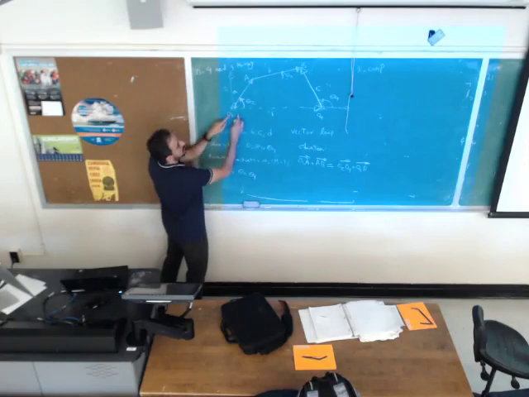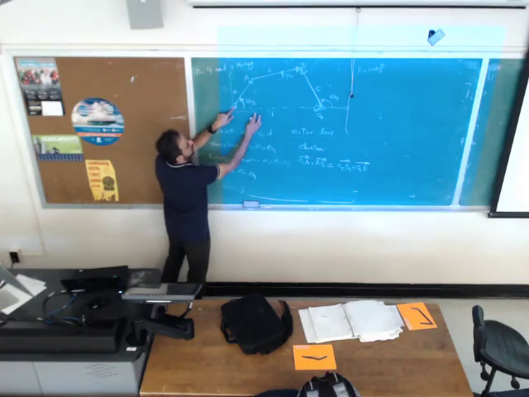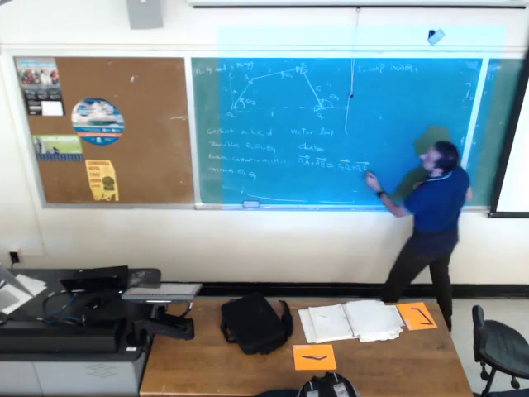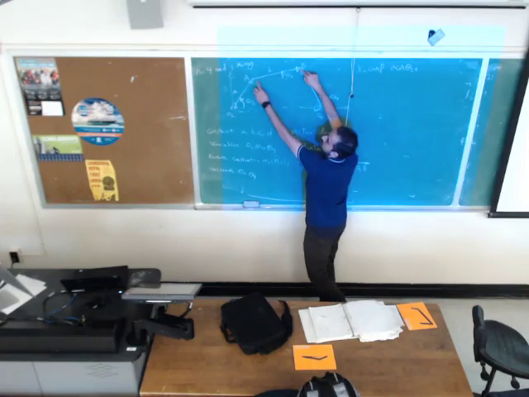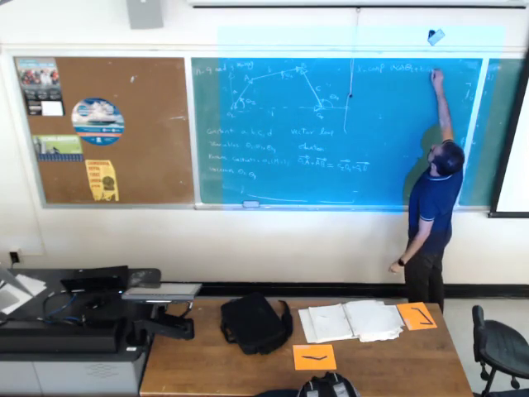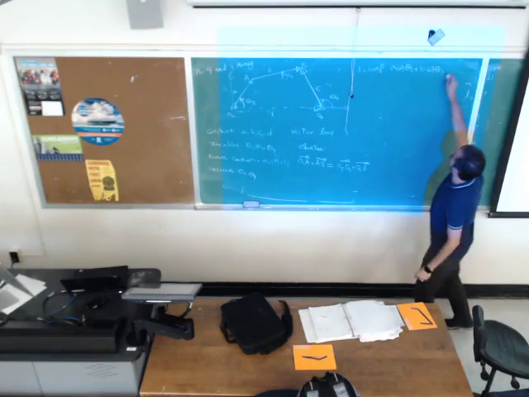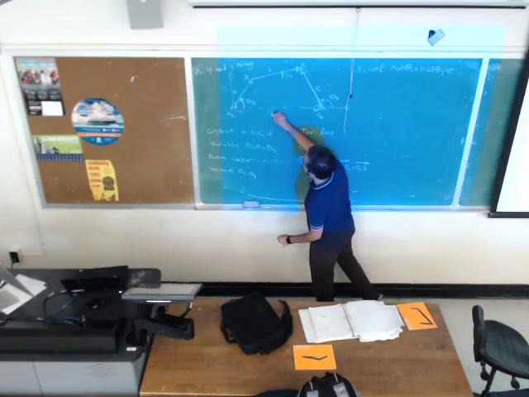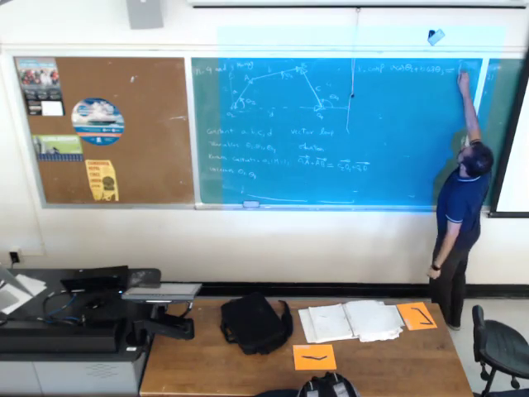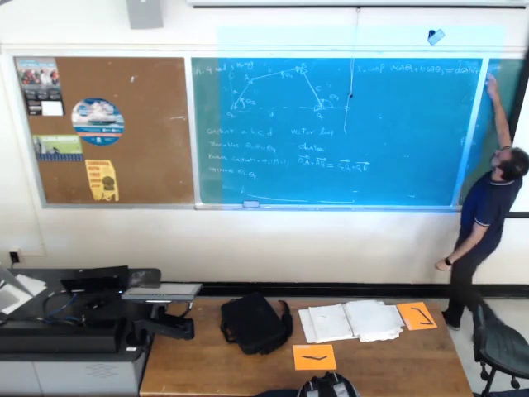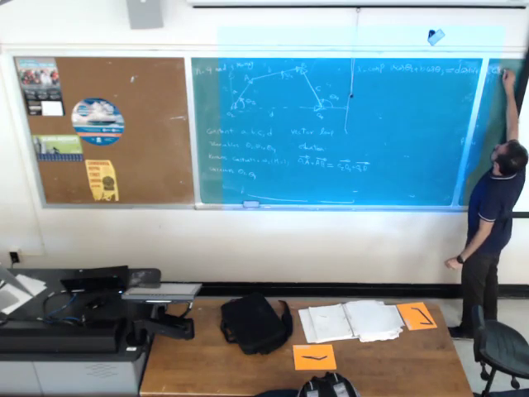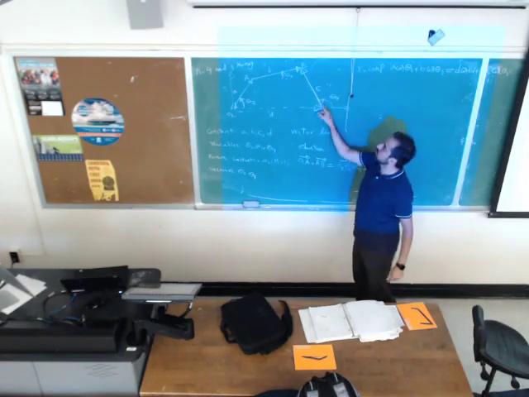Vector O to A, the x component of this, meaning this part, is going to be the length times the cosine of the angle, which is A cosine of theta 2, plus AB, the length of the vector times the cosine of the angle, B cosine of theta 3, equals O2 to O4, which is D cosine of 0, or you can write only D, plus C, the length of this link, times cosine of theta 4.